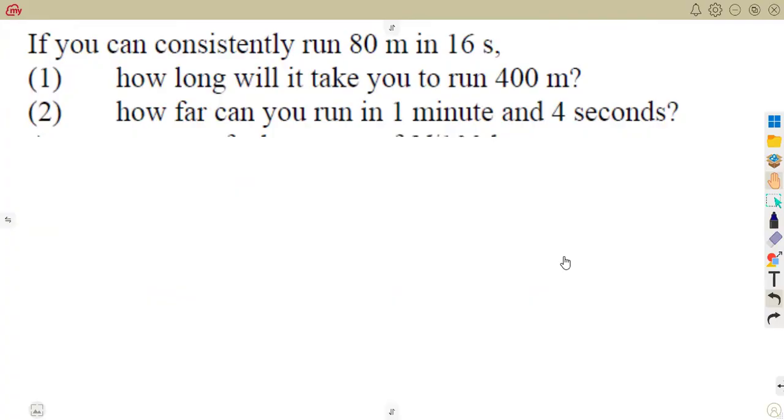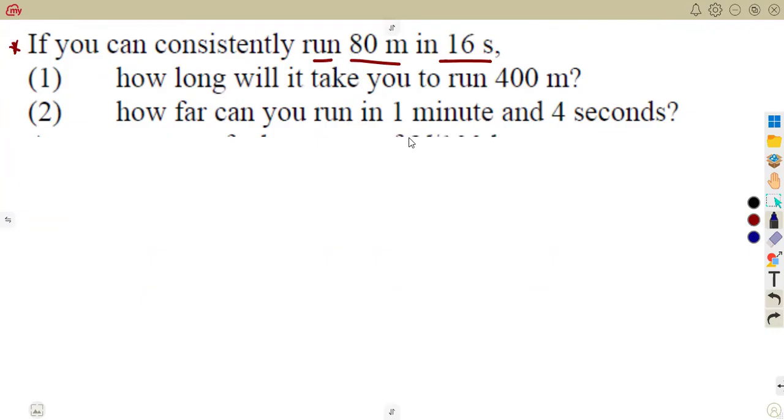On another question here, we are given, if you can constantly run 80 meters in 16 seconds, one quantity to another, time in seconds, distance in meters. So here you are given that for each and every 16 seconds, you are going to cover 80 meters.